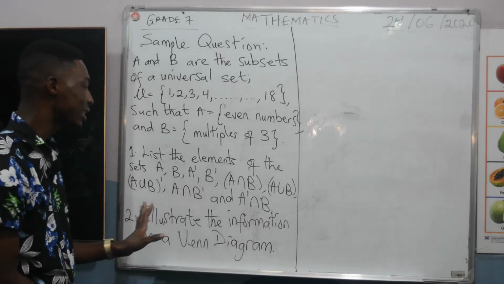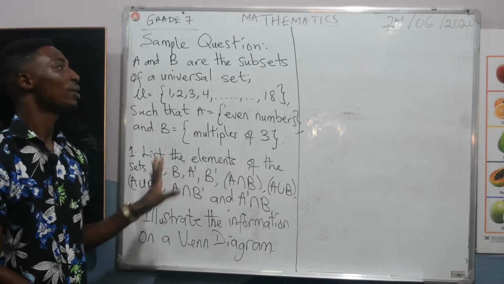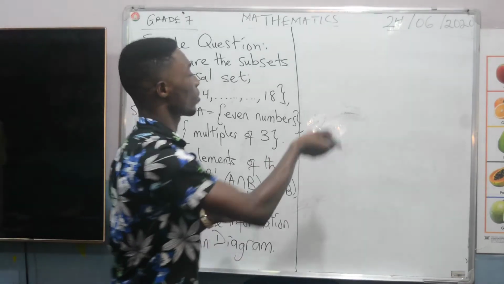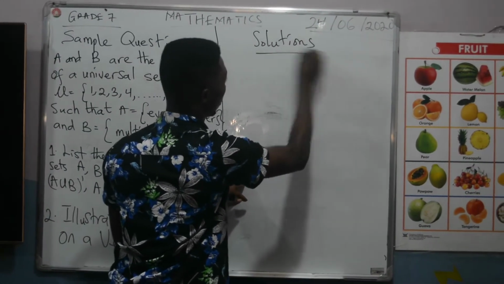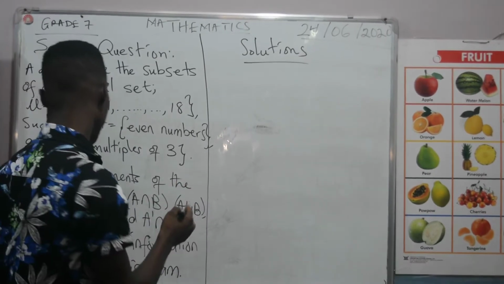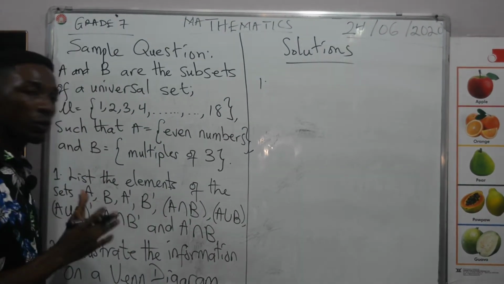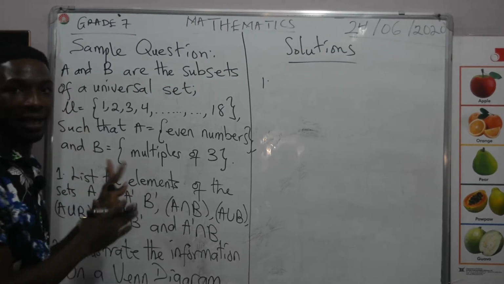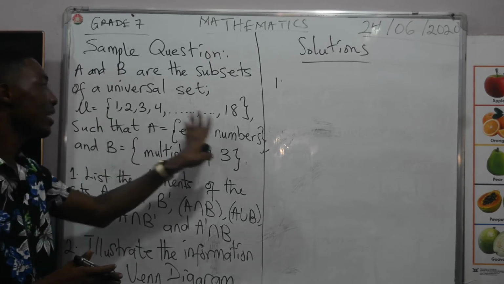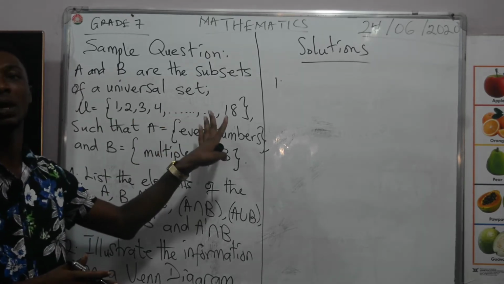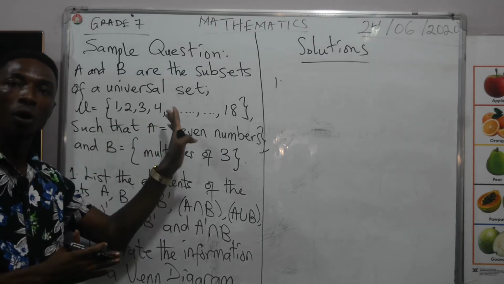So the first thing is we have to list all the elements of these sets. So let's start. The solutions. Let's start with number 1. The first thing to do here is to list the elements of your universal set. You can see that the universal set here has some of its elements unlisted, so you have to expand it by showing all the elements.